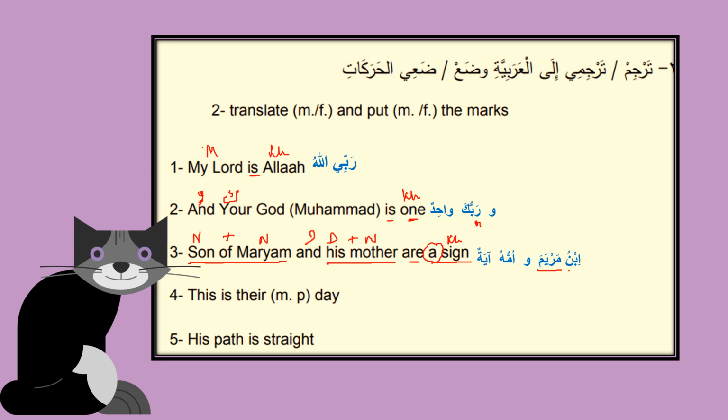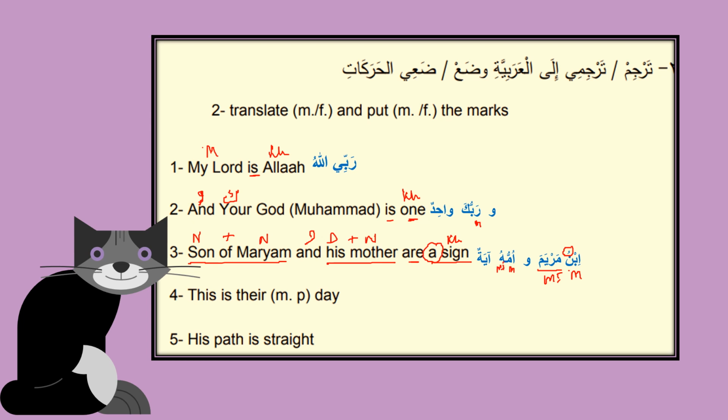So Ibnu Maryama, this is actually a mubtada. That's why the mudaf is having a dhamma. And Maryama is mudaf ilayhi. It should have a kasra. Since it's a feminine name, that's why it is having a fatha, applying the rule of mamnu min as-sarf. Wa ummuhu. This is also idafa, mudaf and mudaf ilayhi.